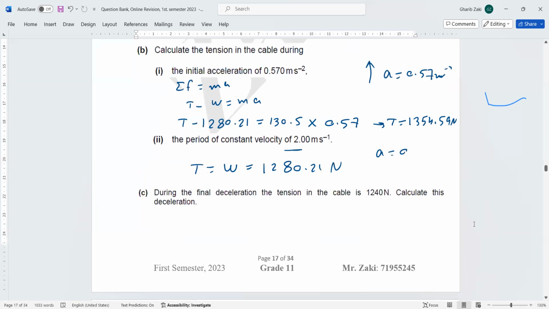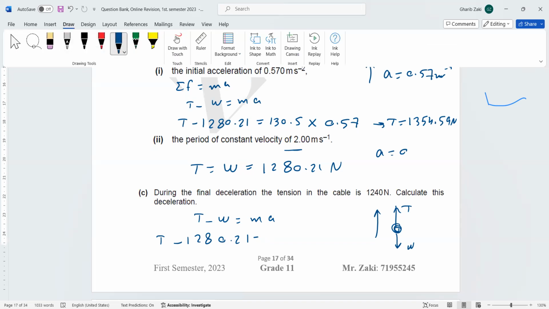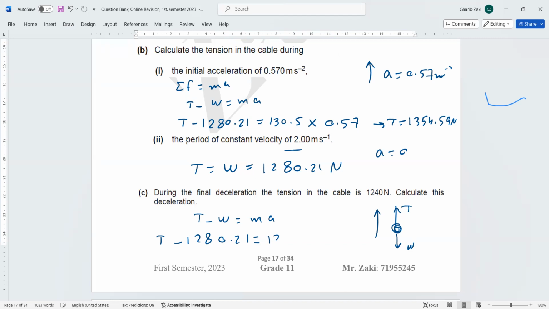During the final deceleration, the tension. Now, here, this is the tension, and this is the weight. Calculate the deceleration. Of course, it moves up. So the tension minus the weight equals ma. The tension minus 1280.21 equals the total mass, which is 130.5 multiply the acceleration.